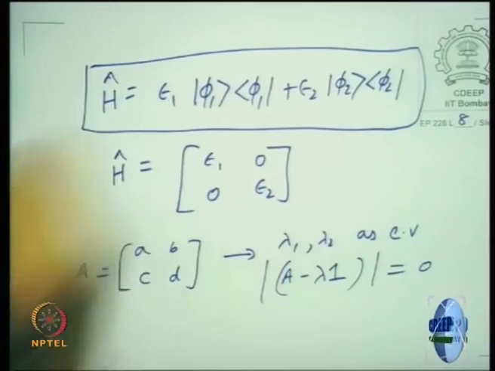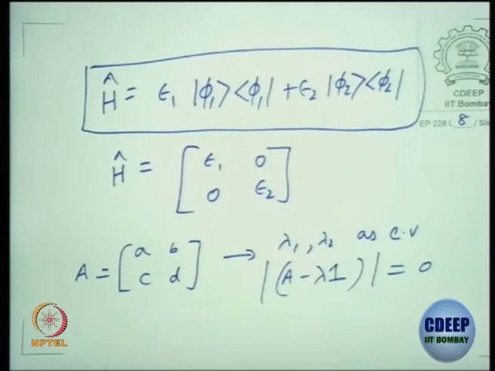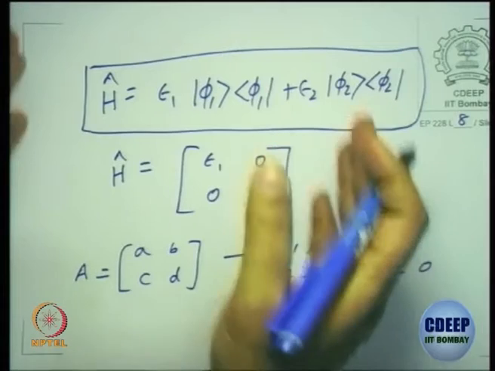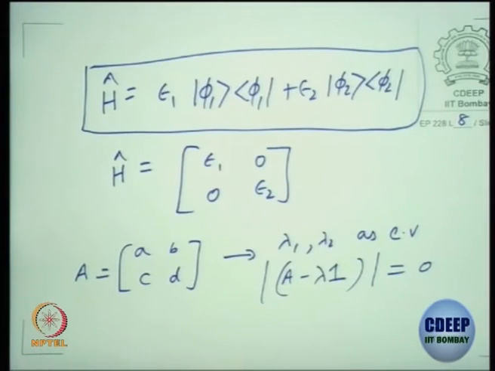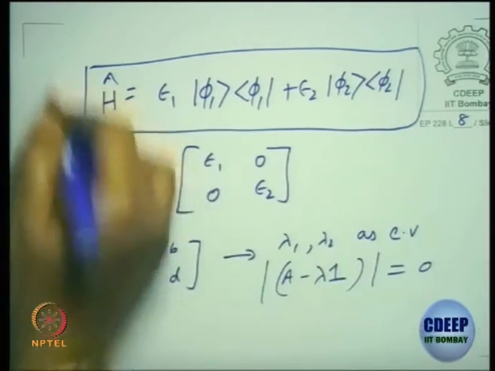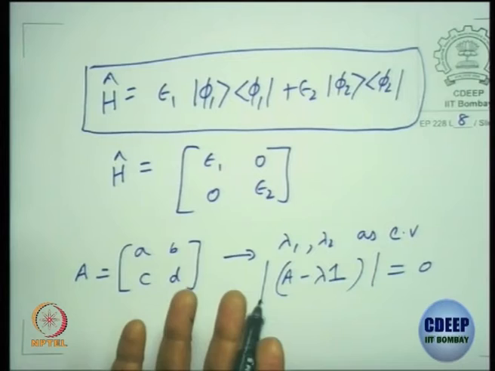This is a compact Dirac notation for a diagonal operator, but whatever I write there for a finite dimensional vector space, you can try to rewrite it in matrices and work with what you know from your matrices. So, what are the eigenvalues of this operator? If I ask you, it is very trivial.